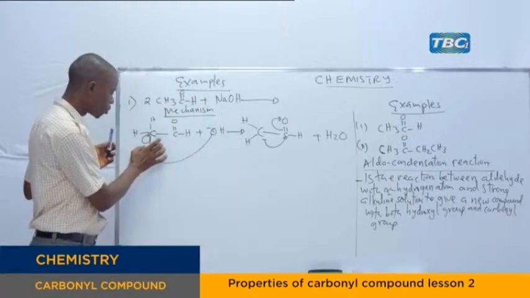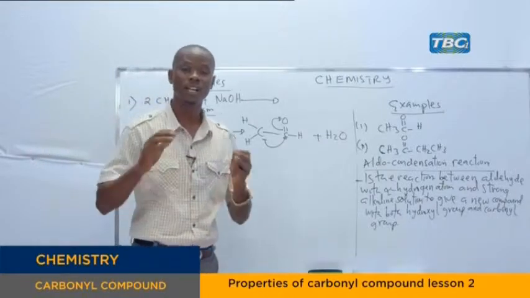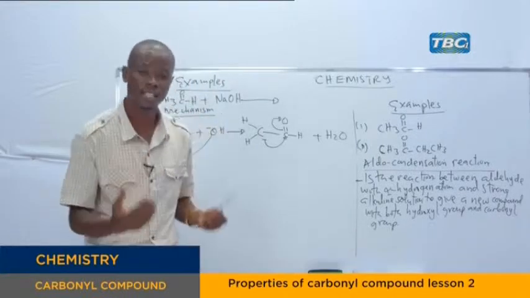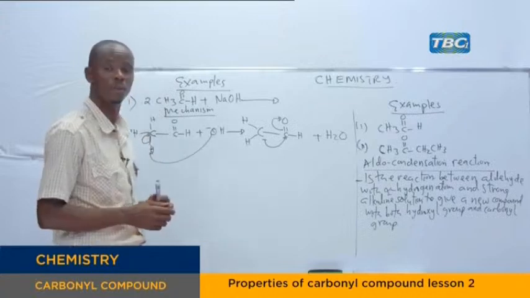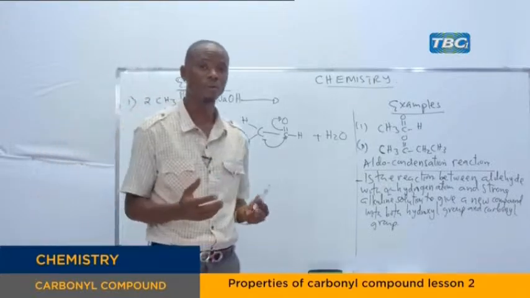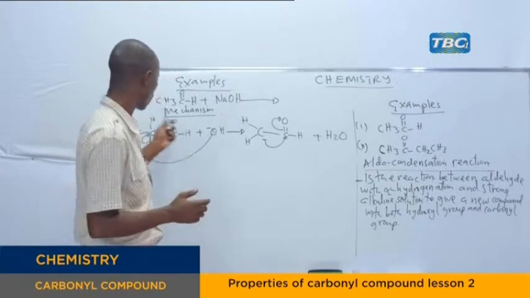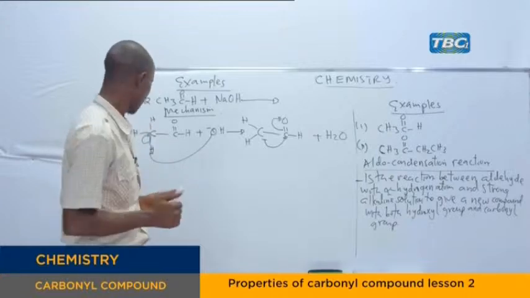Now this proton is released, and here comes a point to explain that carbonyl compounds are acidic in nature. What explains the acidic nature of carbonyl compounds is the ability of donating a proton. Now how? The carbonyl group is a strongly electron withdrawing group. Now what happens there?